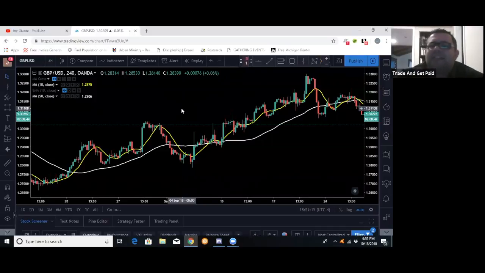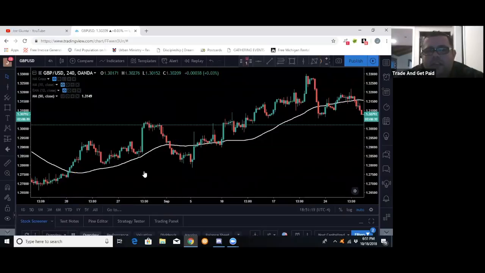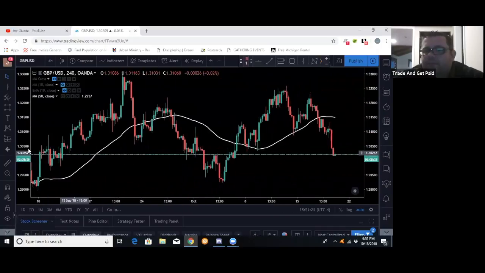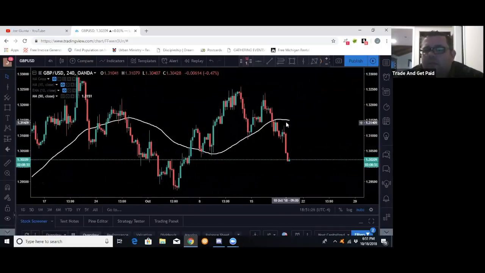Now, let's take 50. The moving average is the same principle, but instead of 10, it's 50. So now we're taking the last 50 candles.